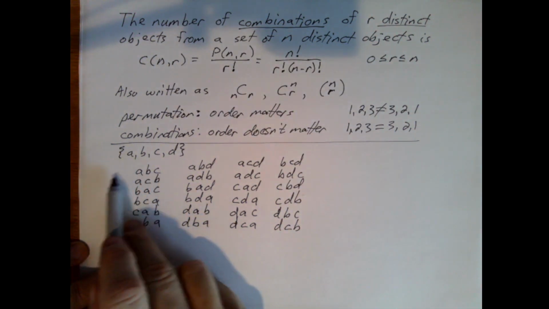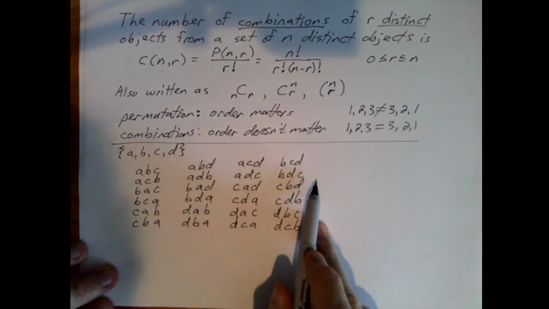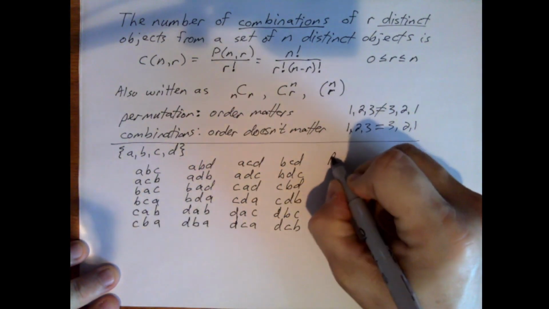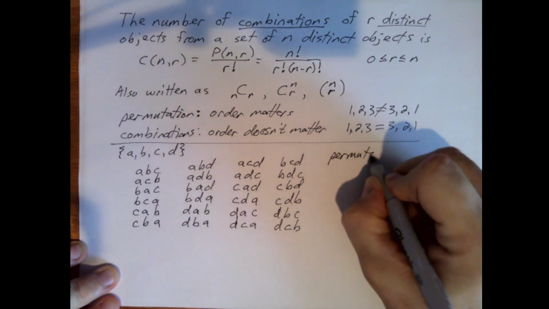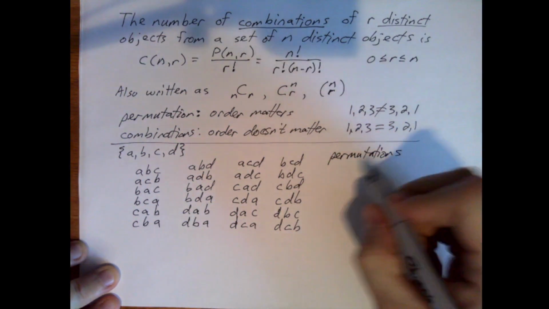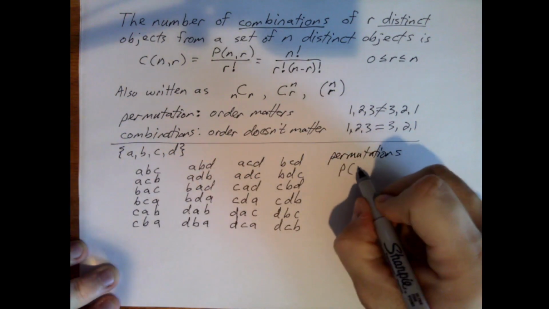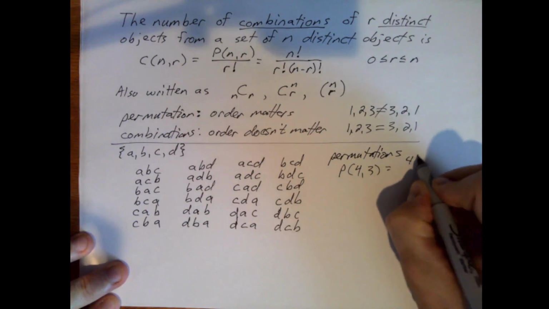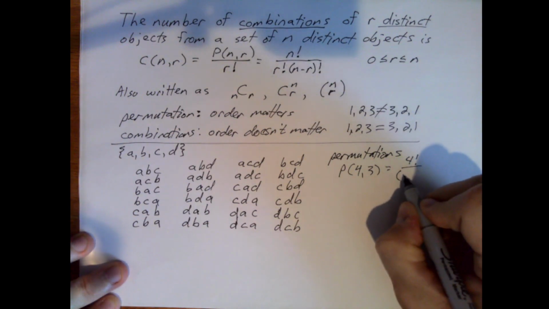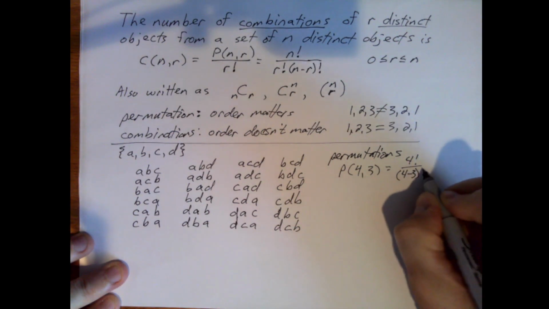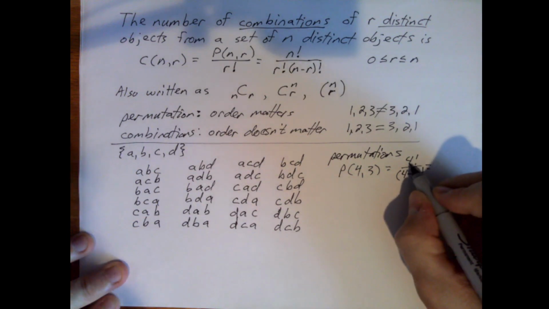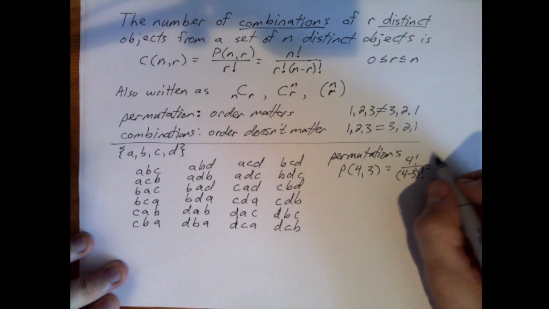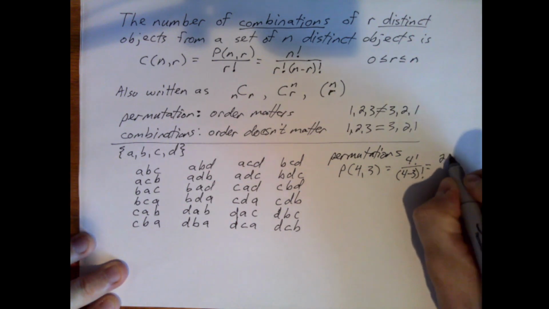So there's 6 rows, 4 columns. We can see there's 24 different things here. So if I was talking about permutations, it would say P of 4, 3, which would be equal to 4 factorial divided by 4 minus 3 factorial. 4 factorial is 4, times 3 is 12, times 2 is 24, times 1 is still 24.